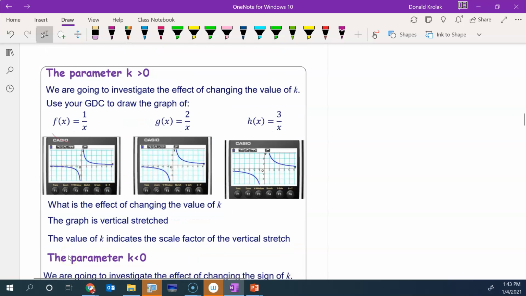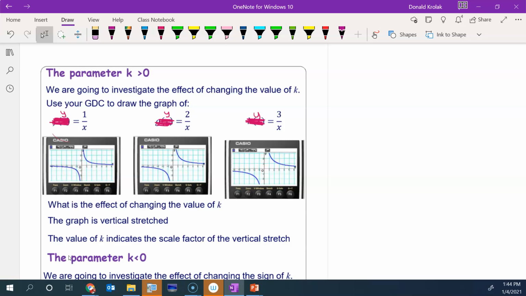Now, what these mean, when you see f of x, that's really just the same thing as y. This would be the same as y equals 1 over x, this y equals 2 over x, and this y equals 3 over x. That's what they look like, and they had two branches. They were in the first and the third quadrant.